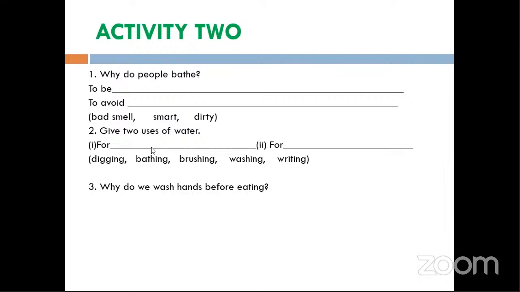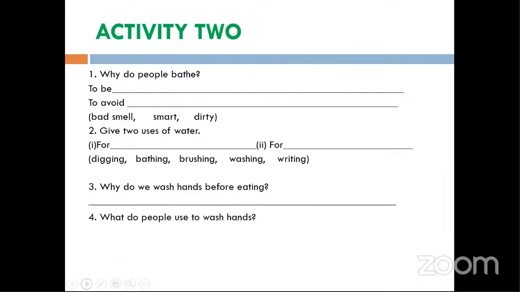Why should we wash hands? To be healthy. The answer is correct. Because with clean hands, you will stay healthy. You will not become sick. Next question.